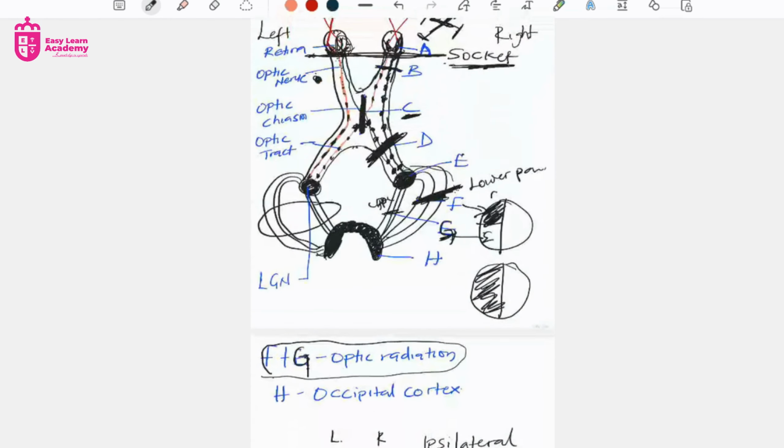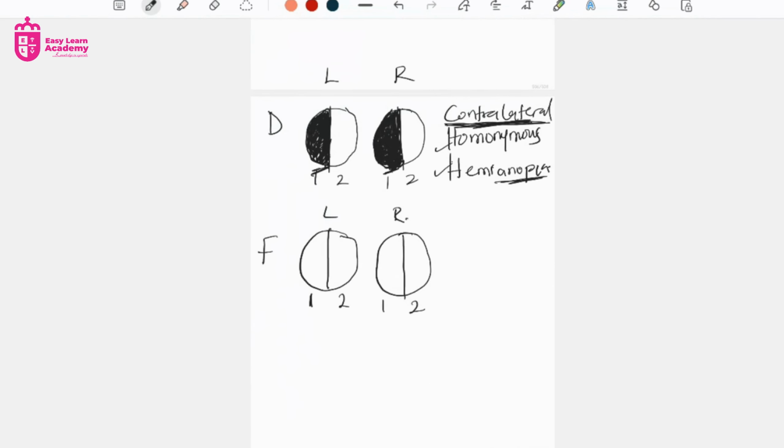Remember that F is inferior. So 1 inferior. So that will be this place shaded. And the other one, right, will be 1 inferior as well.